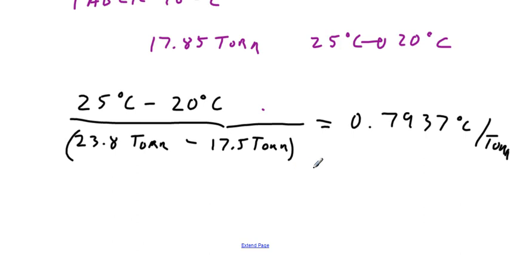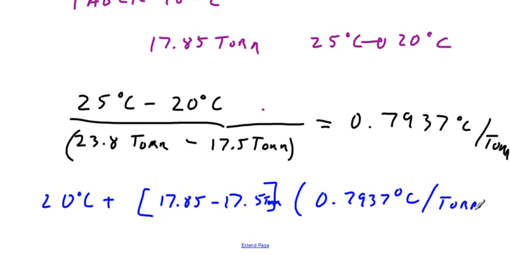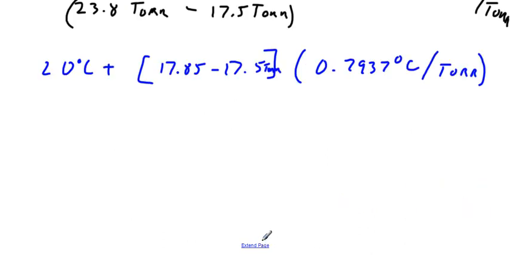if I go 20 degrees plus some increase, and we're at 17.85 minus the 17.5 that we know, times the 0.7937 degrees per torr that we calculated earlier, we end up with the dew point being at 20.28 degrees centigrade.